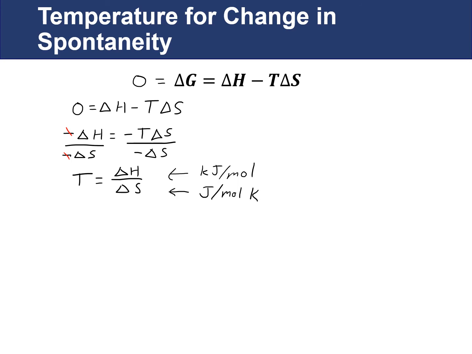So you have to make sure that you either convert your H to joules or convert your S to kilojoules, because the units need to be able to cancel out.